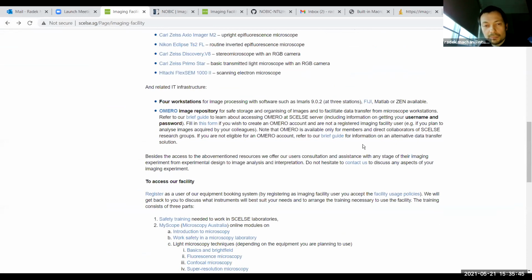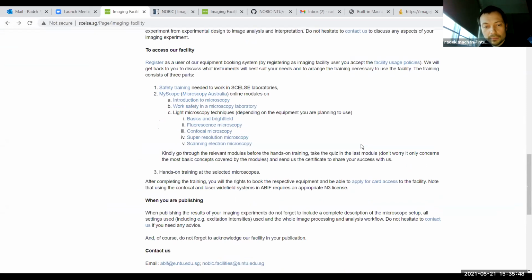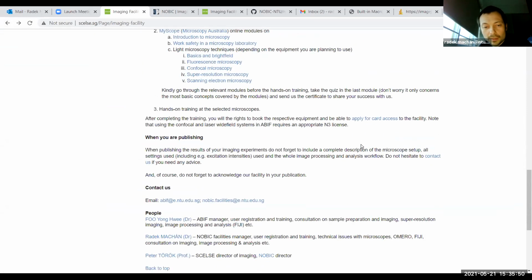Okay, so this is about Omero. I think there's probably not much more you can find here. I just recently added one more link here because that seemed to be quite in demand. This is a link to apply for card access in CellC, because there's a card access to the facility as a whole, and then to the rooms which house some of the microscopes.